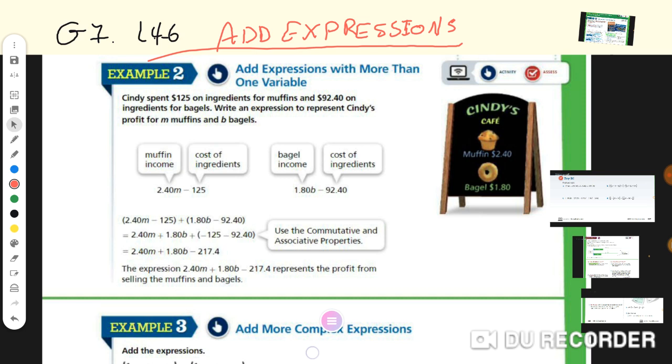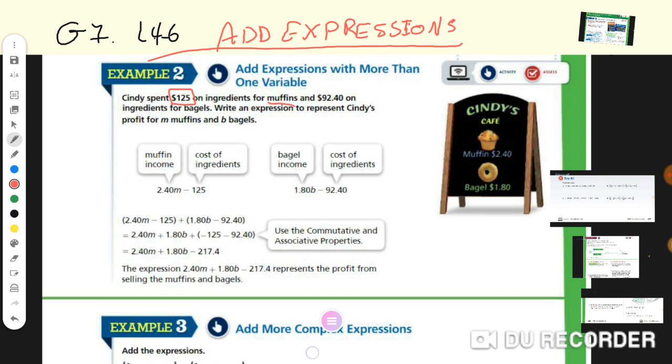Sandy spent 125 on ingredients for muffins. So she pays in the beginning 125. This is the initial value, without any letters or any variable. This is for muffins.